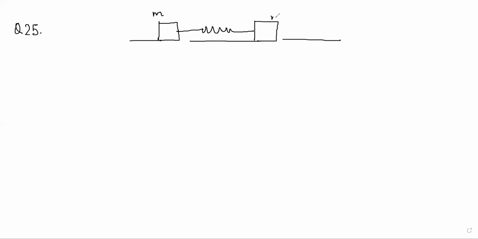This is M, this is K. Show that if the blocks are displaced slightly in opposite directions and released, they will execute SHM, and calculate the time period.